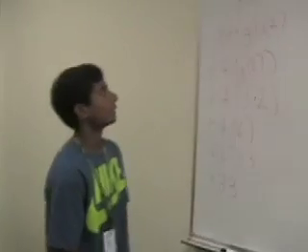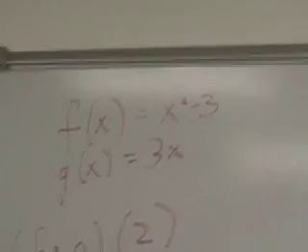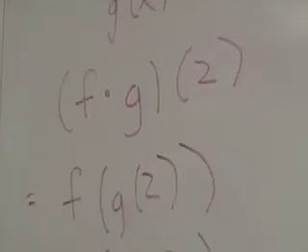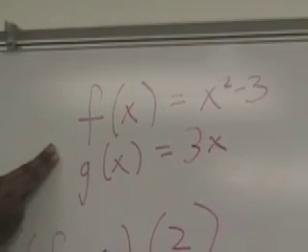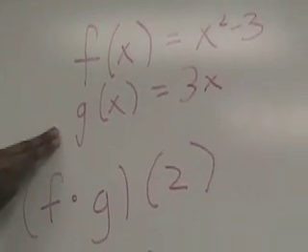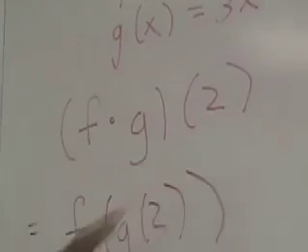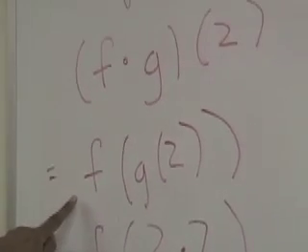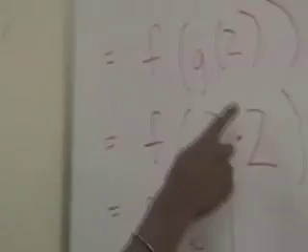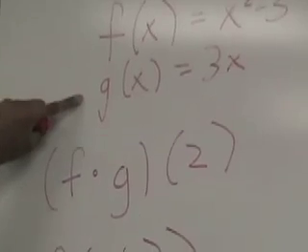Let's look at composite functions. Let's look at the problem f composed of g of 2. Well, what we have here is f of x equals x squared minus 3 and g of x equals 3x. We know that f composed of g of 2 equals f of g of 2. By simple substitution, we substitute a 2 in for the x in g.